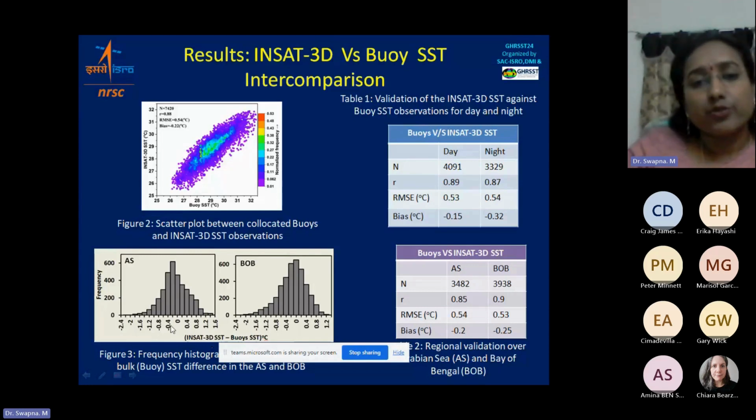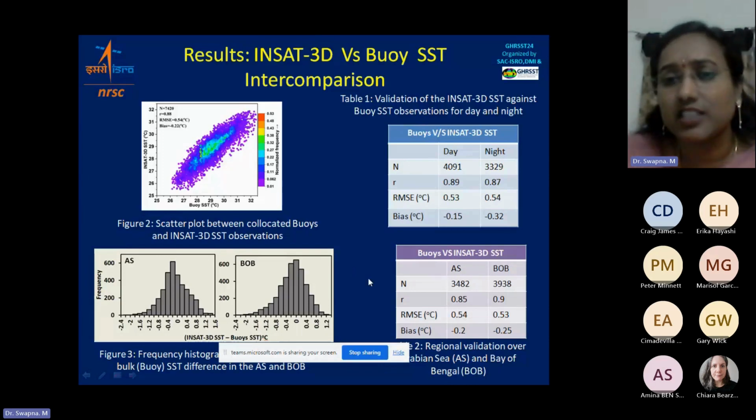So this shows how we can correct for these effects, and we'll get a good comparison with the in-situ observation. That is the further analysis I am going to do after this work.